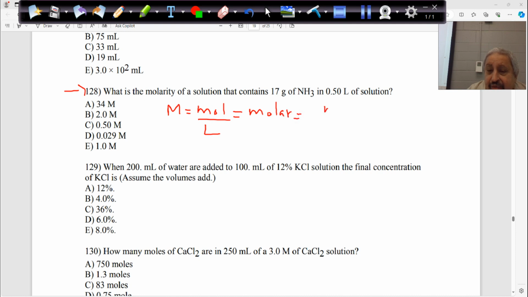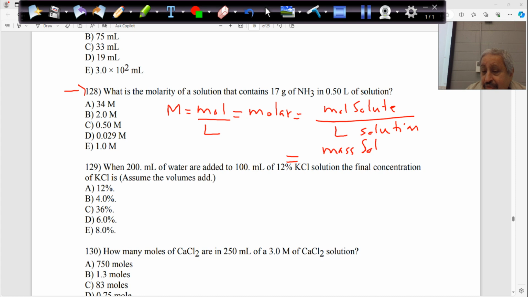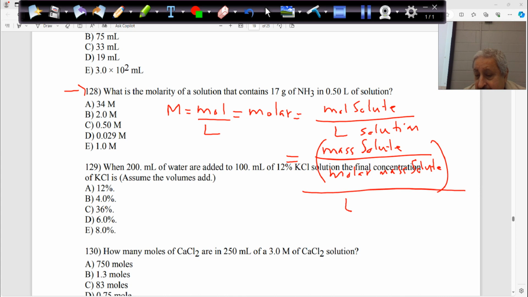It means the moles of the solute divided by liters of the solution. The moles of the solute is the mass of the solute divided by its molar mass. So this one is the top, divided by liters of the solution.